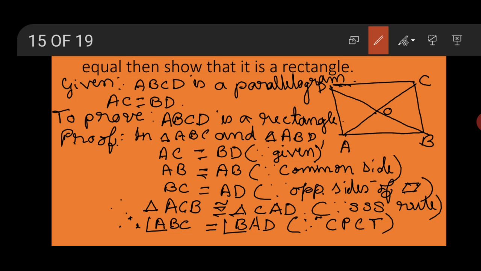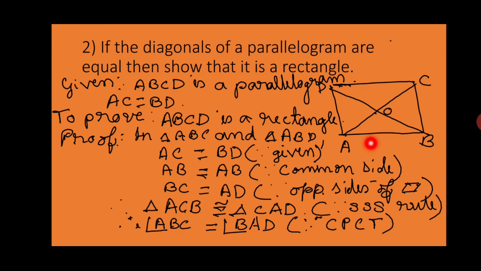But we know that AD and BC are parallel, and it is given because it is a parallelogram, therefore they are parallel.